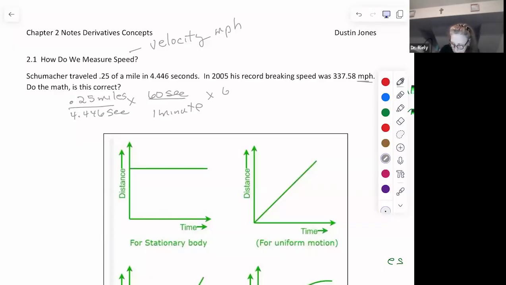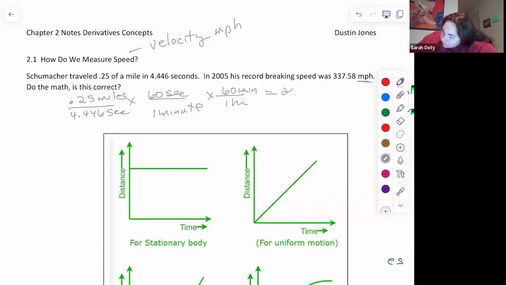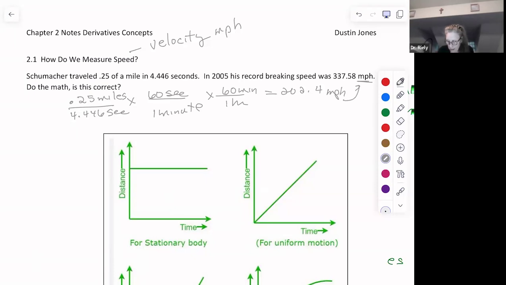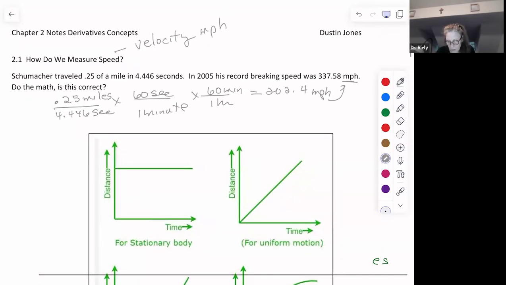And then you're going to say minutes can go into hours. And you'll actually get 202.4 miles per hour. So that is incorrect. So I don't know why they threw in dimensional analysis at the beginning, but they did. I think it was just to express exactly what velocity is.